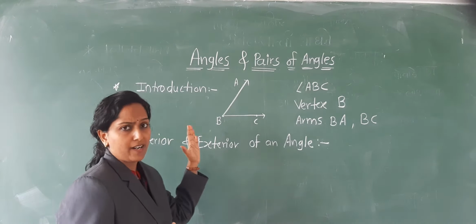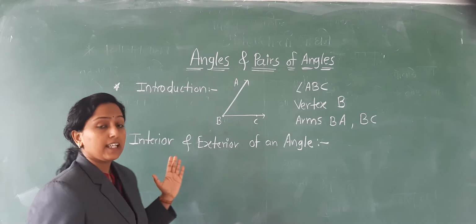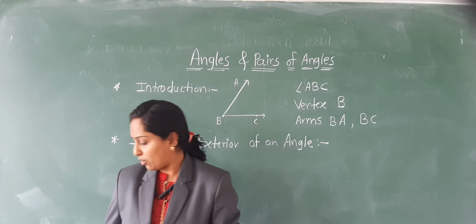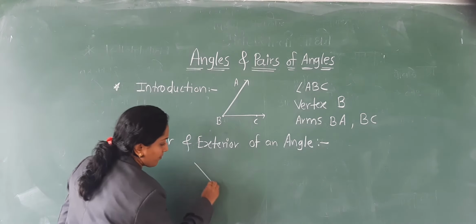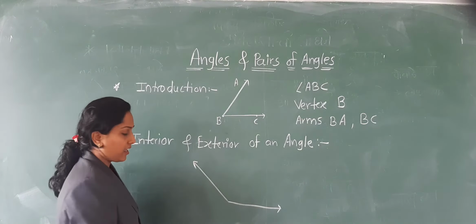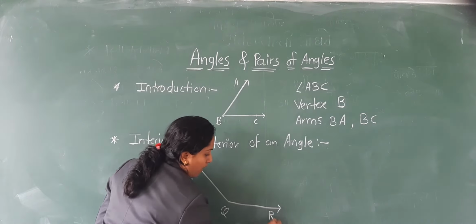This is the introductory part that you already know. In this lecture, we will see the interior and exterior of the angle. So let's start. Suppose this is one angle named PQR.